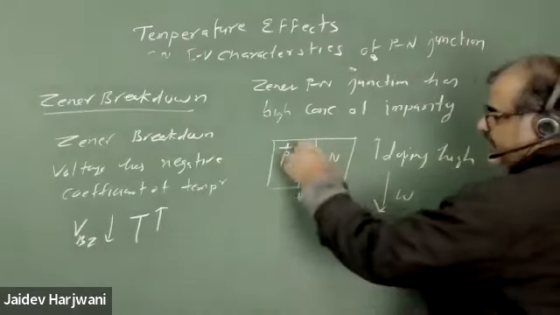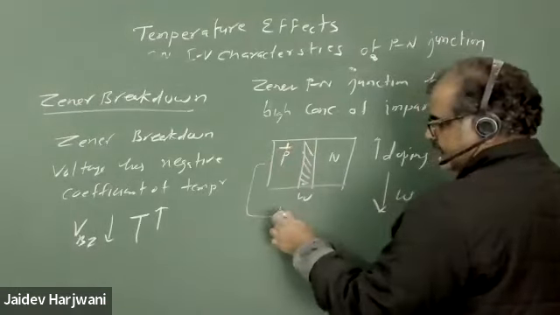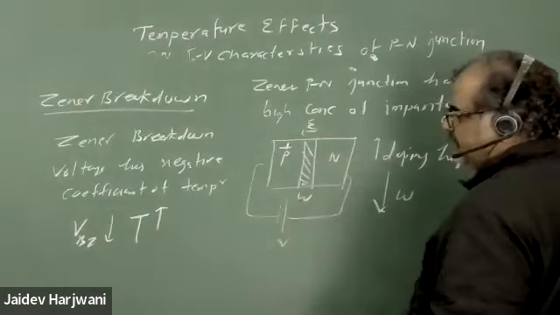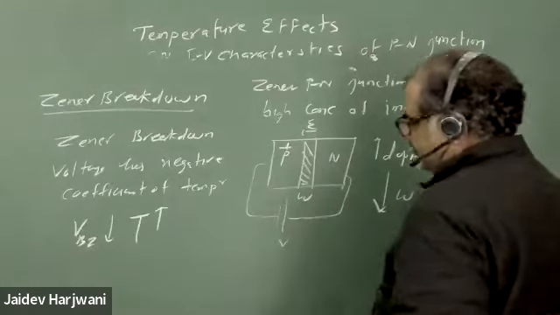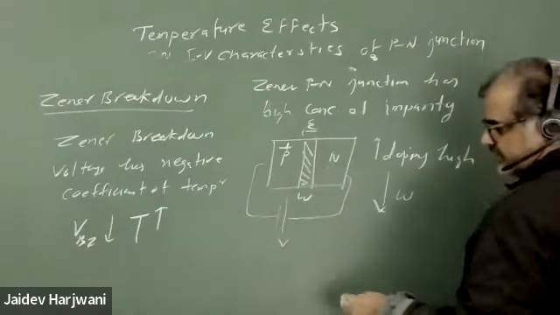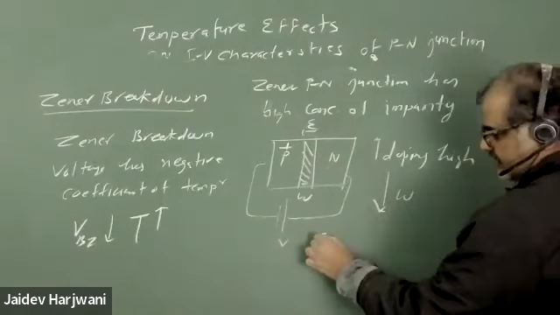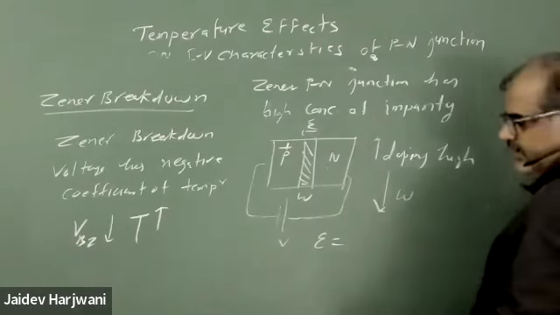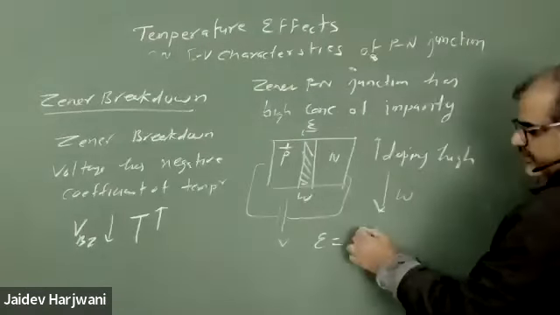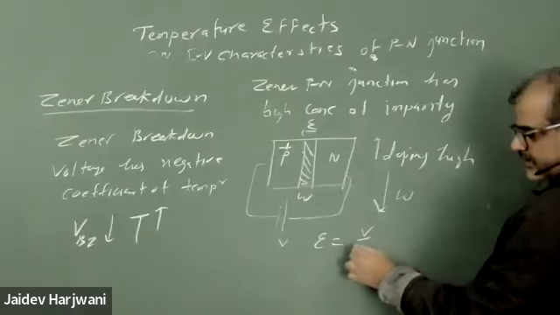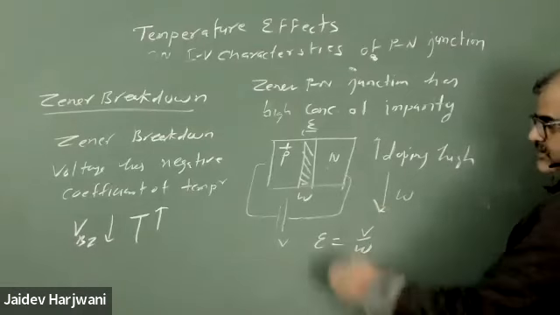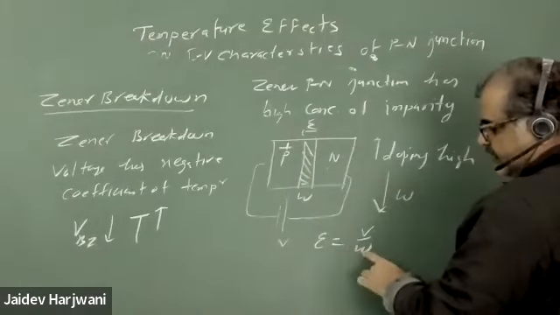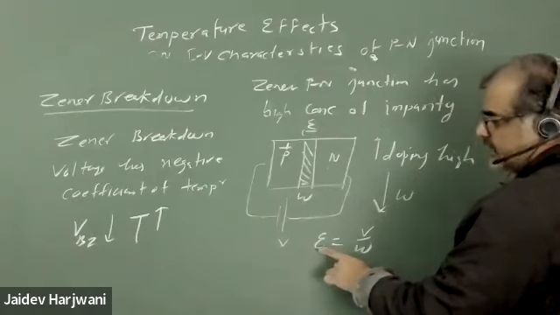Now, when I apply reverse bias, here we have an electric field. This electric field depends on the width. The electric field is E equals V by W. If W decreases, this E increases.